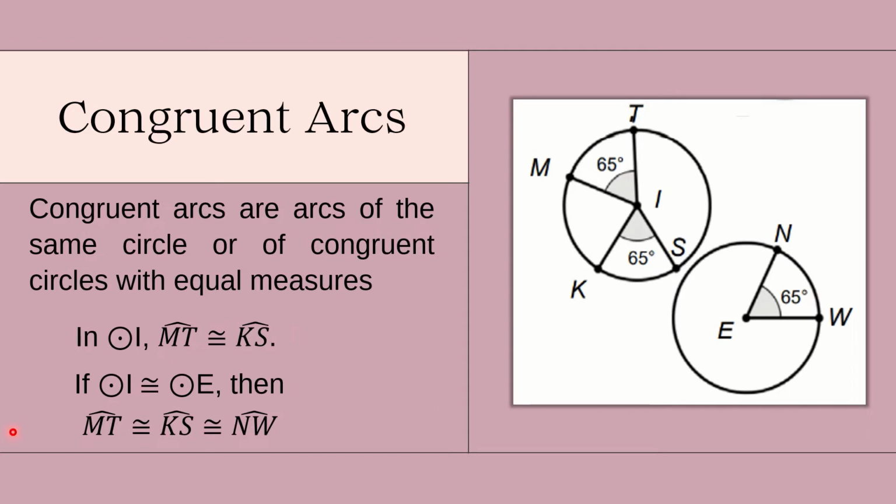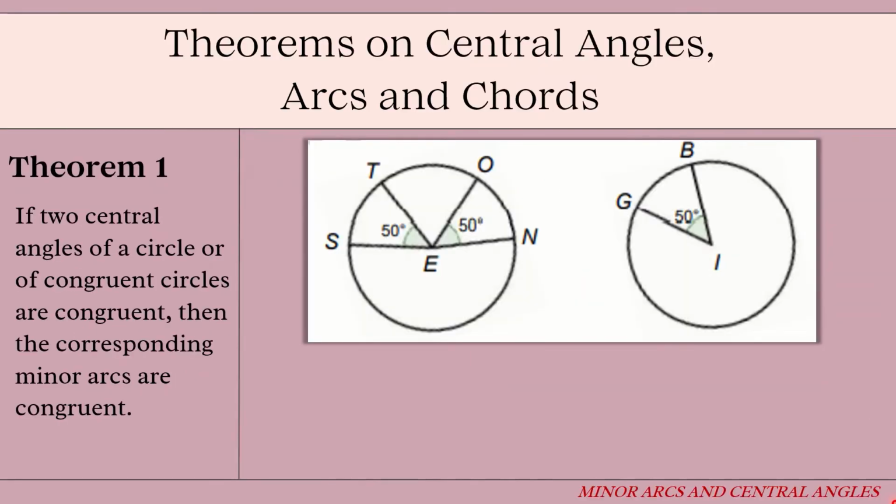Then if circle I is congruent to circle E, dapat masatisfy yung condition na yon if we have two or more circles. So circle I is congruent to circle E, then we say that arcs TM, KS, and NW are also congruent. This time, isa-isahin naman natin ang theorems on central angles, arcs, and chords.